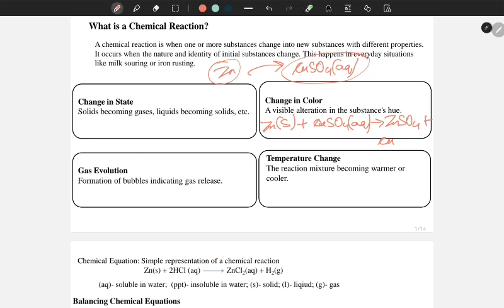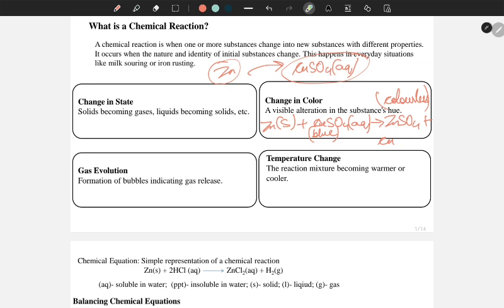Here this copper sulfate is blue in color, and zinc sulfate is colorless. The blue color changes to colorless. That means copper sulfate blue color changes to zinc sulfate colorless. So this is a change in color reaction, and this is also an example of displacement reaction.